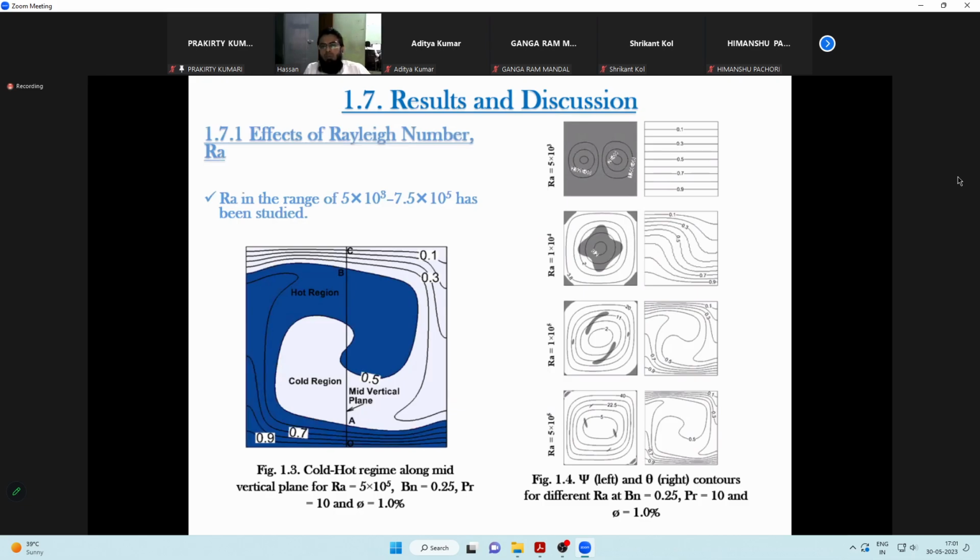When the Rayleigh number was small, just 5 into 10 to the power 3, that is 5,000, what was happening? There was hardly any movement in the fluid. The fluid, despite being heated up, had no movement because of the yield stress.